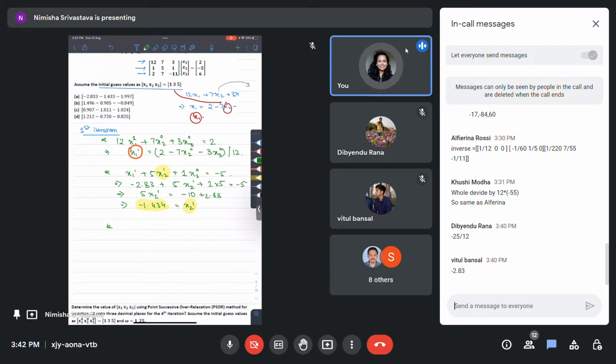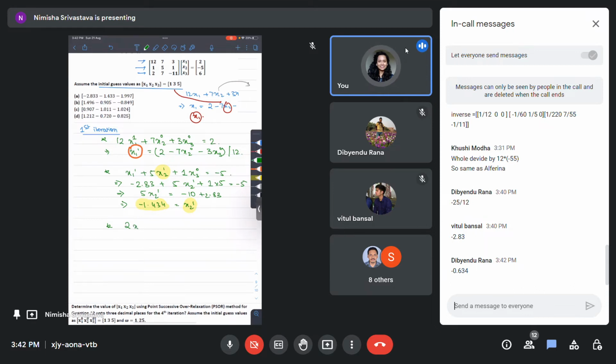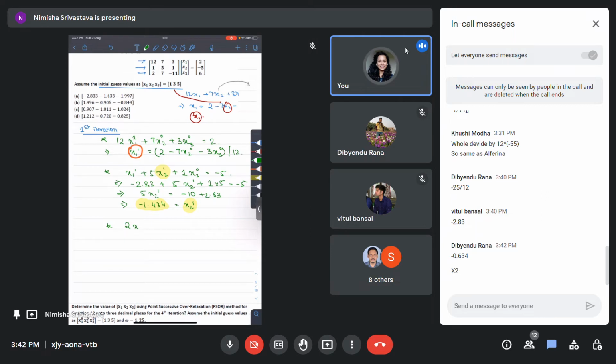So I'm going to write down the equation in terms of that: 2 times x1, minus 0.6, minus 0.634 times 2. For x2, I'm getting a value of minus 4.434. If anyone can just confirm. Okay, thank you.